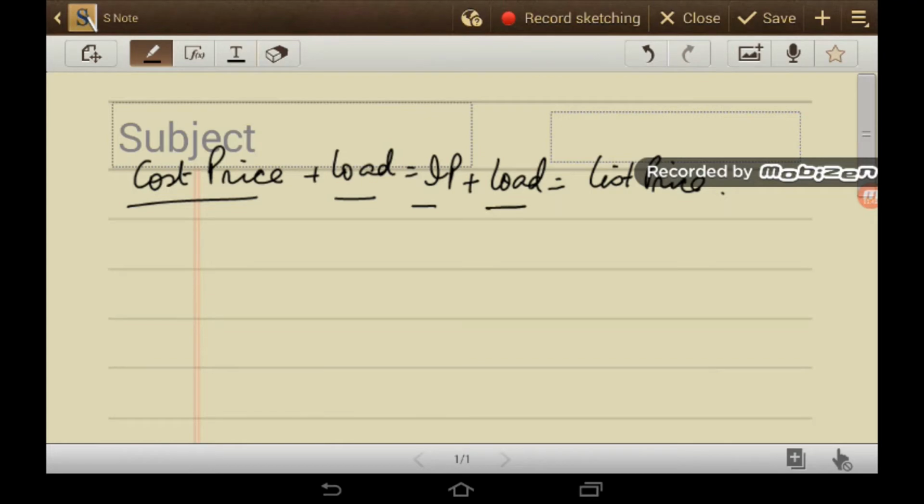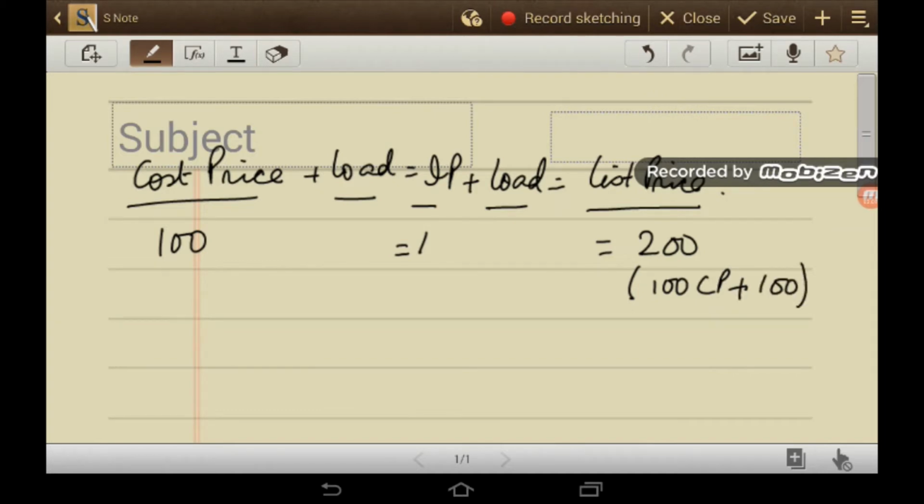Invoice price plus load is the list price. So cost price is 100, and list price is 200, because list price is 100% above cost price. This is the cost price 100, plus 100 is the profit. So your list price will be 200 rupees.